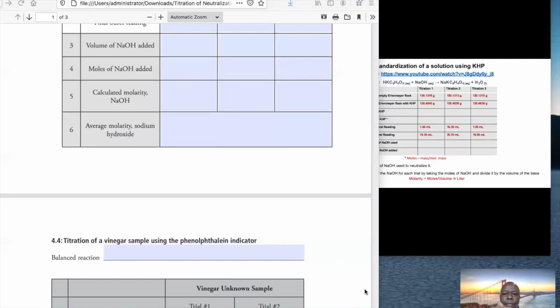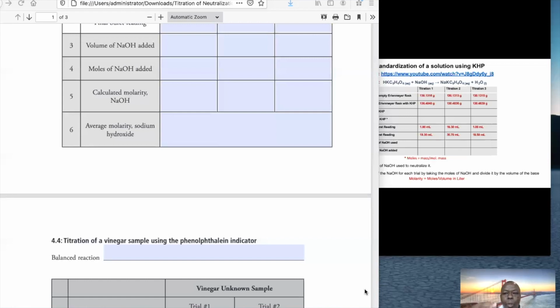Acetic acid is in vinegar. Let's understand that so that when we crunch the numbers, when we do the calculation in part 2 of this experiment, section 4.4, we keep an eye on what is what. There is acetic acid in vinegar solution. There is vinegar solution which has acetic acid in it.